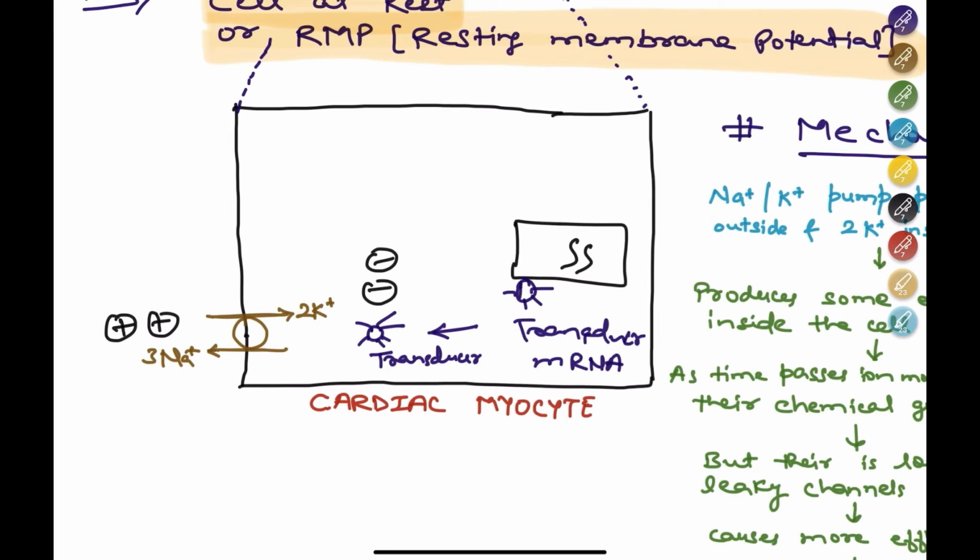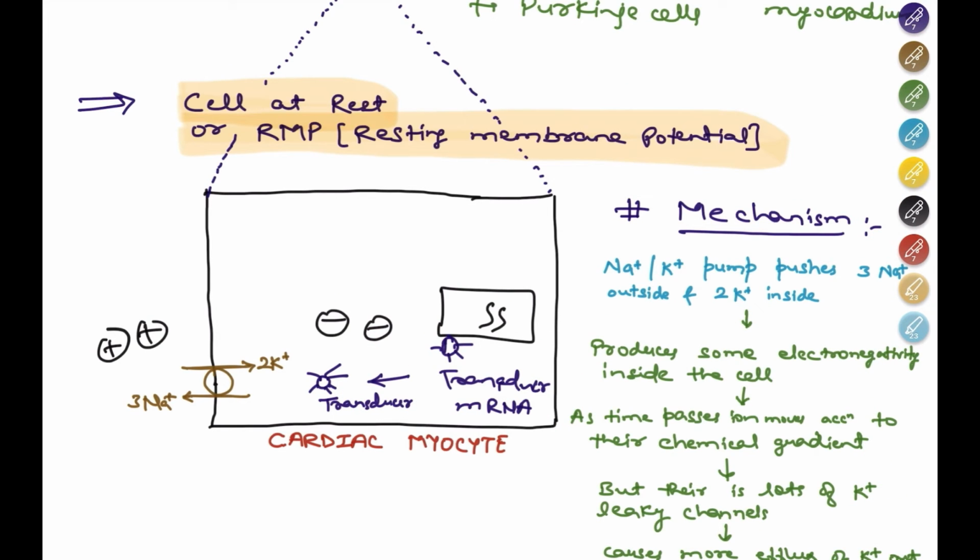As sodium effluxes outside and potassium influxes inside gradually, it generates electronegativity inside of about -5 millivolts, but this is not enough to gain depolarization.